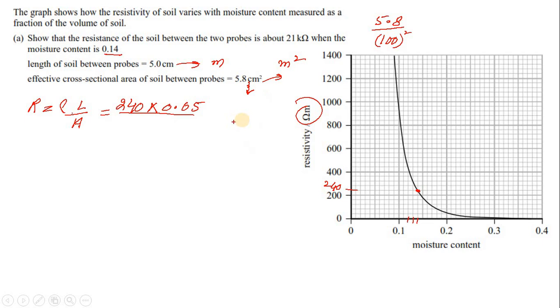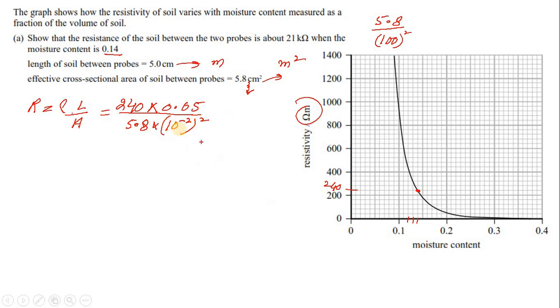That's what I am doing. So I am writing area as 5.8, and I'm removing this prefix, which is centi, 10 to the power minus 2, but I have a square on centimeter, so I just write square. So that's how we can convert centimeter square into meter square.